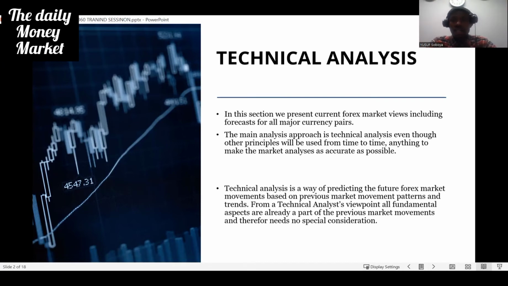Technical analysis is the way of predicting future forex market movement based on previous market movement patterns and trends. From a technical analysis viewpoint, all fundamental aspects are already part of the previous market movement and therefore need no special consideration.